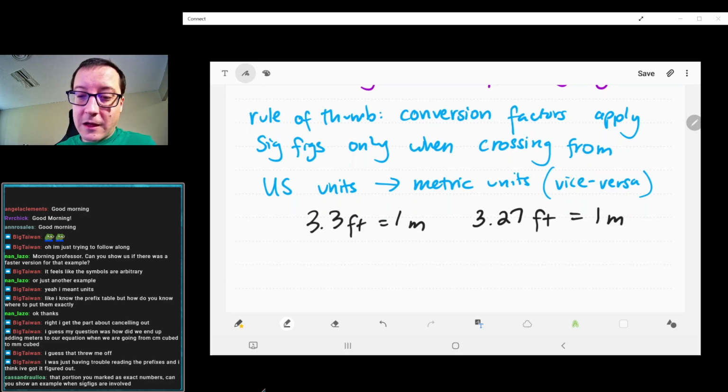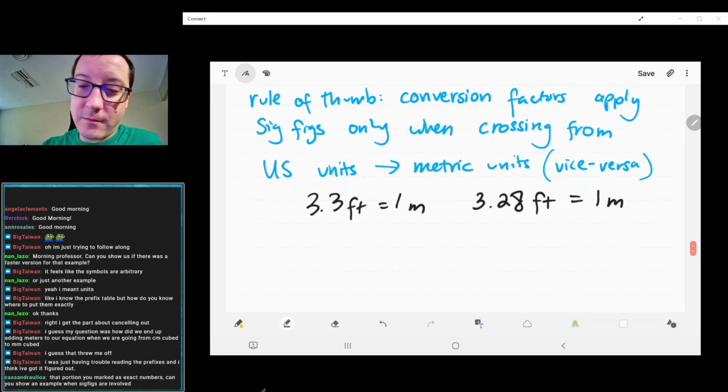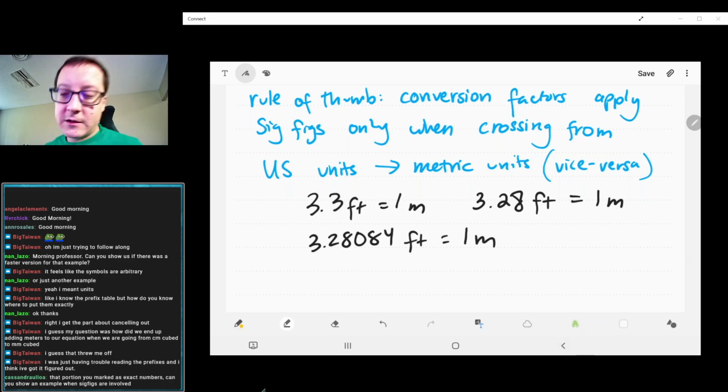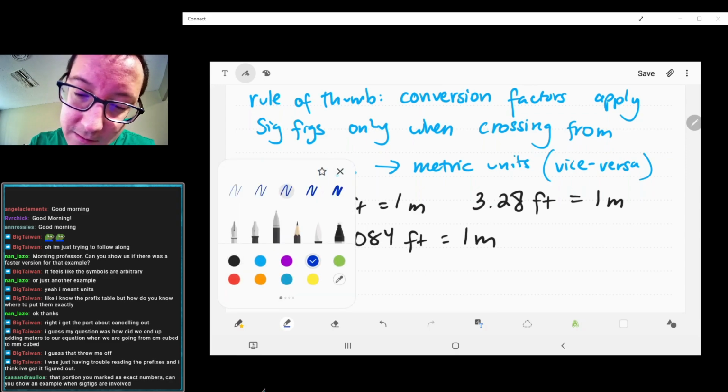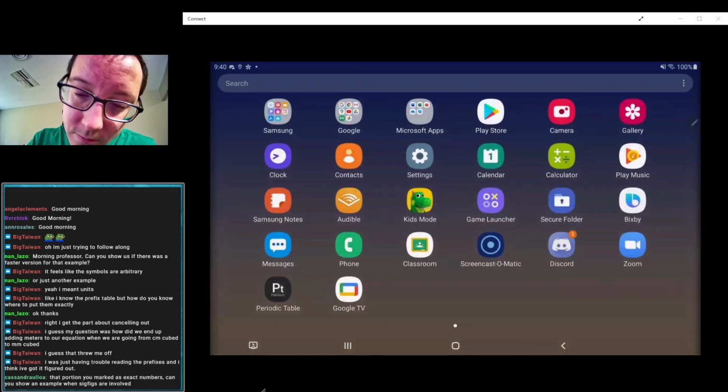That's true. And we can go further. I don't know what the next digit would be. Feet to meter. Rather, a meter to feet, I guess. If we keep going, I guess it's 3.28. I lied to you. Haha. But it just depends on how good the measurement system was to figure this kind of equivalence out. Someone had to measure these numbers. Oh my goodness.